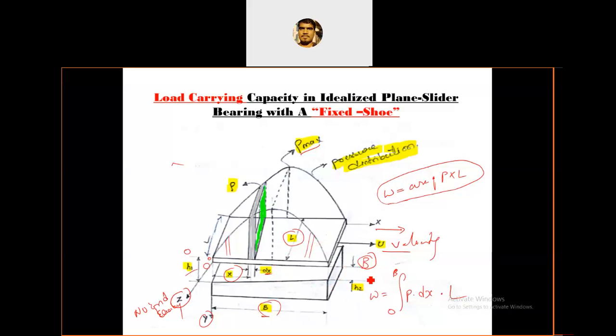This is the equation we use to find the load carrying capacity of the fixed shoes: W is equal to the integral from 0 to b of p dx into L. Let us call this equation 1. You can also get this equation in the data handbook.